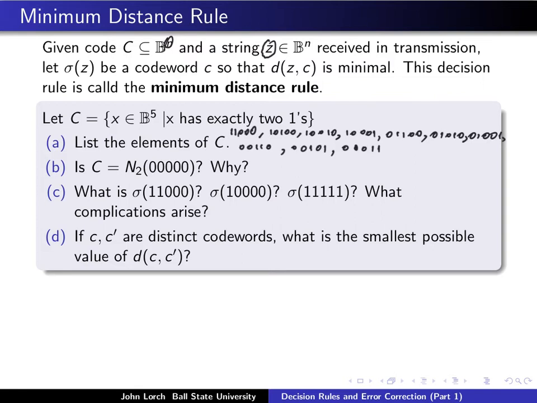Okay, so let's count how many we've got and make sure we've got them all. So we have 1, 2, 3, 4, 5, 6, 7, 8, 9, 10. And that looks right, because if you look at strings of length 5, you have to choose 2 slots to put the 1. 5 choose 2 is equal to 10.